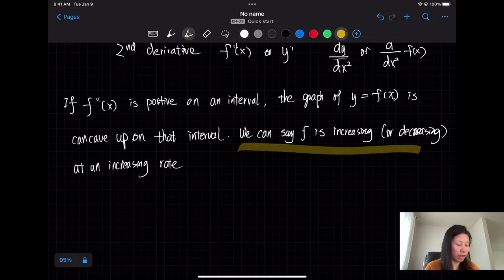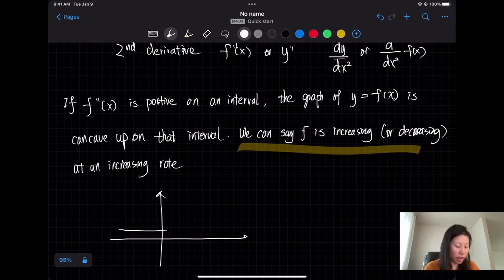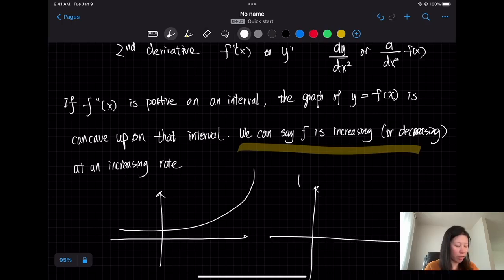What does the last sentence mean? If f is increasing, then it's increasing at an increasing rate. So take a look here. This is concave up if it's going up. This is concave up if it's a decreasing function.